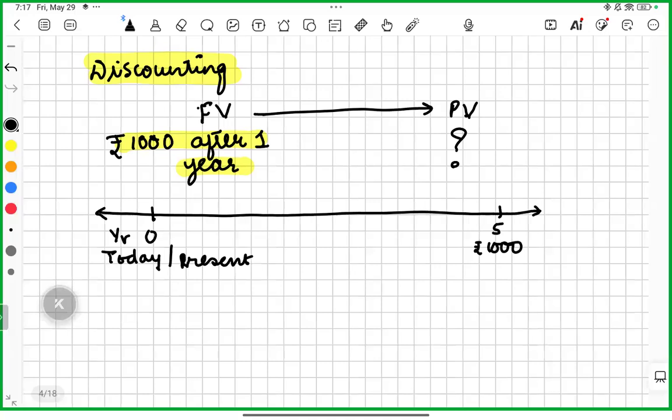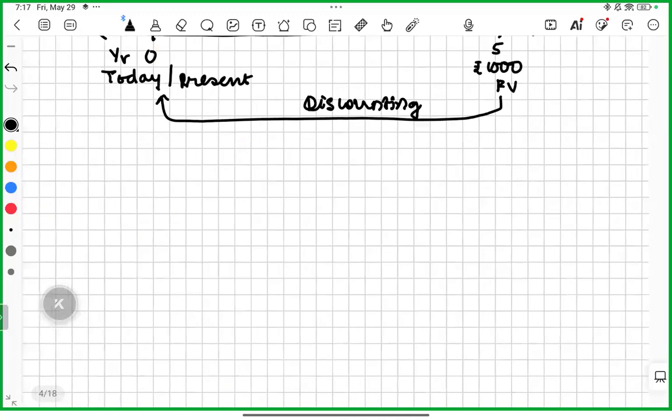Now this is future value and you are supposed to find out its present value today. So this process is called discounting. Here there is only one single amount, 1000 after 5 years, and you are finding its present value.